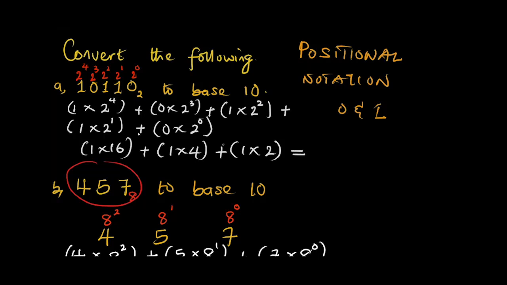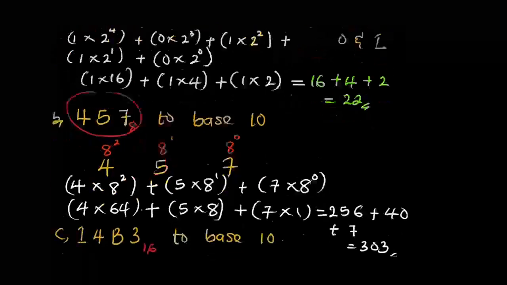So this gives me what? If I simplify this, what do I have? I have 16 plus 4 plus 2. And if I add this up, 16 plus 4 is 20, plus 2 is 22. So this is my final answer. That is the answer in base 10, 22.